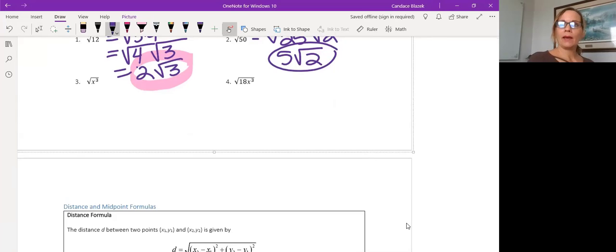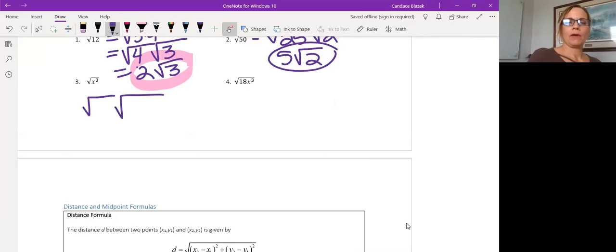Okay, well, now we have the square root of x cubed. Now remember that we are stating that x is always positive, or always non-negative. So we don't have to worry about the absolute values at this time. But when I look at x cubed, I know that I do have a factor. In fact, x squared is a perfect square.